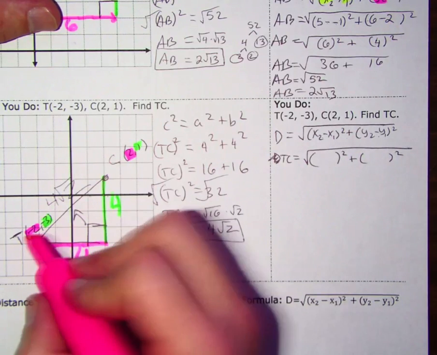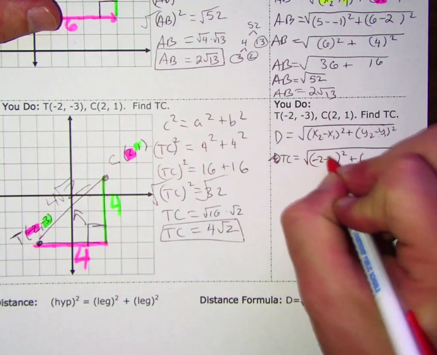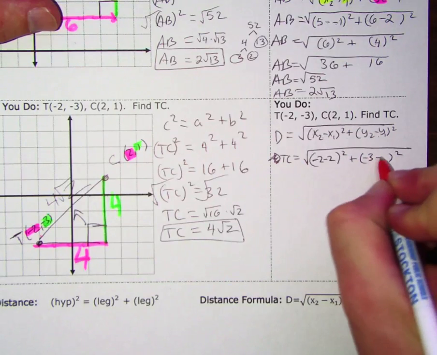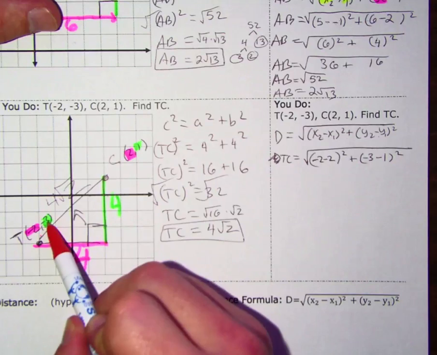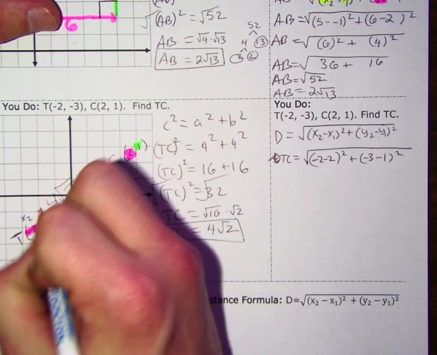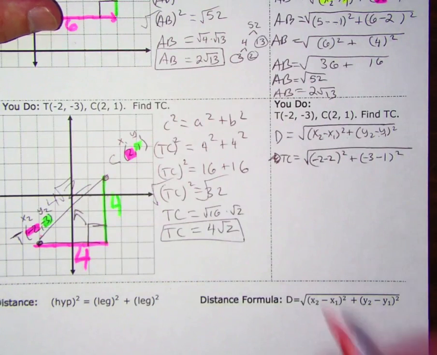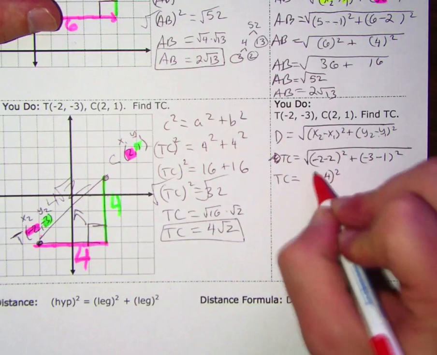So for me, I'm going to go negative 2 and 2. So do negative 2 minus 2, and then negative 3 minus 1. Okay, I kind of did a little x2, y2, x1, y1. I switched from the last one. Doesn't matter. This is going to give you negative 4 squared.